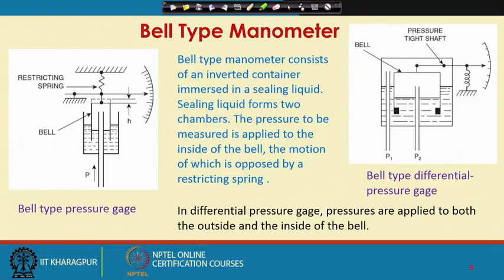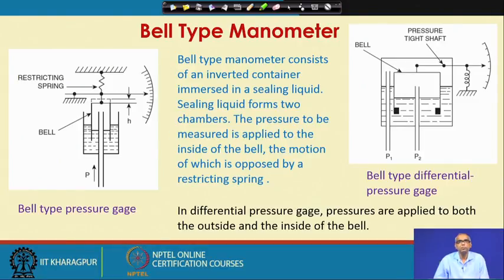Now, let us talk about bell type manometer. So, we talked about deadweight tester or deadweight pressure gauge, also known as piston type pressure gauge. We talked about ring balance manometer, and now we are going to talk about bell type manometer.